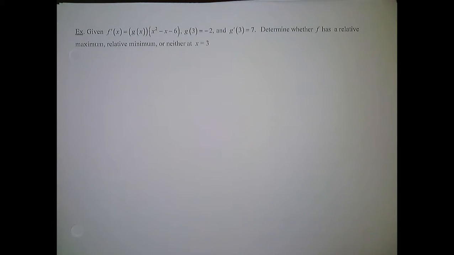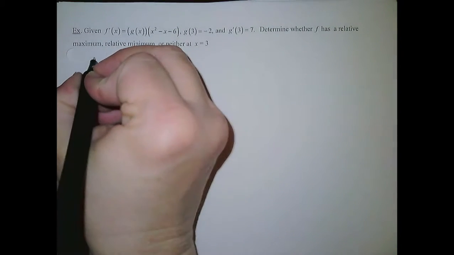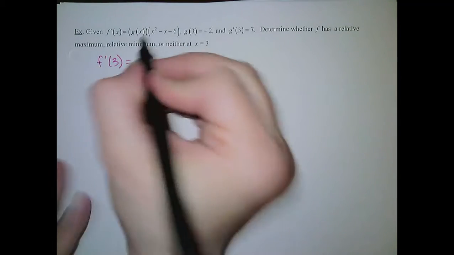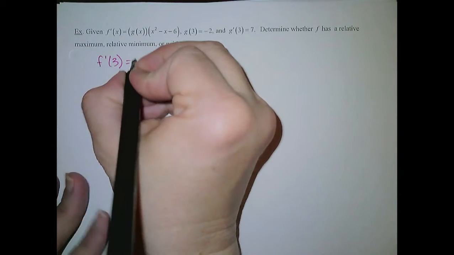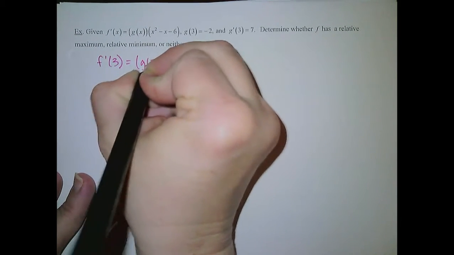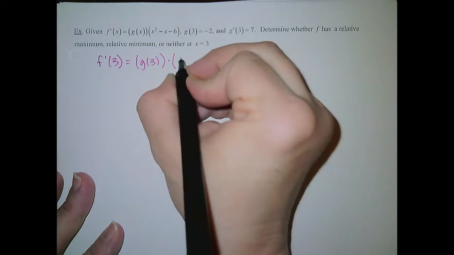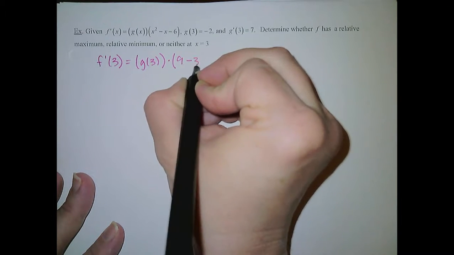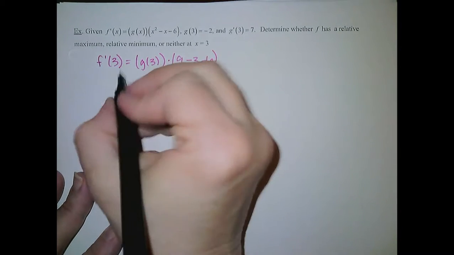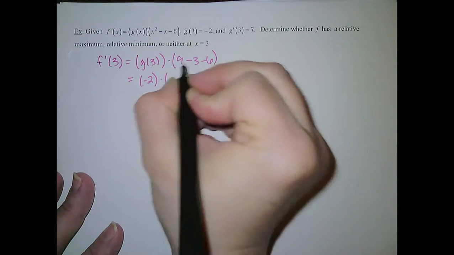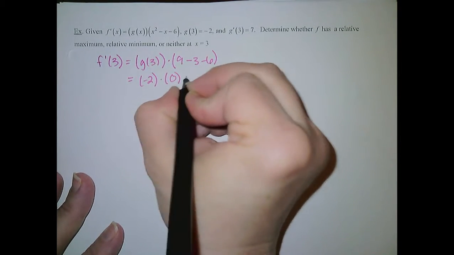So the first thing we need to know is, what is the derivative of f at 3? Well, if we substitute 3 in for x, we see that the derivative will be g of 3 times 3 squared, 9, minus 3, minus 6. Well, g of 3 is negative 2 times 9 minus 3 minus 6 is 0, gives us 0.